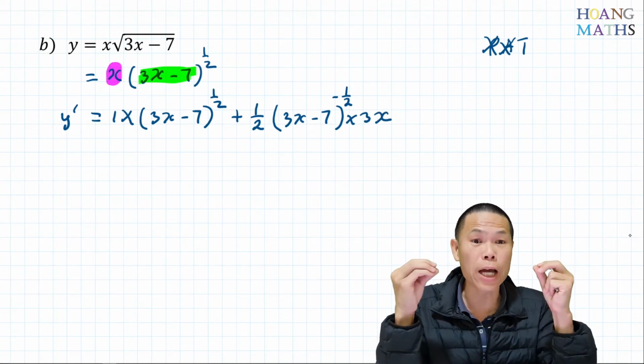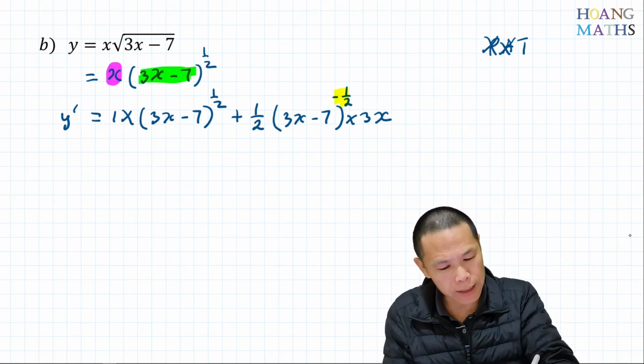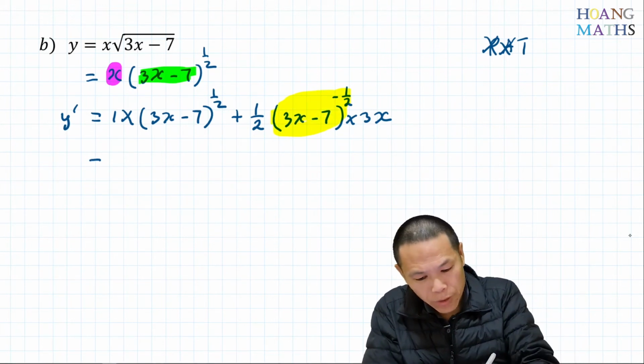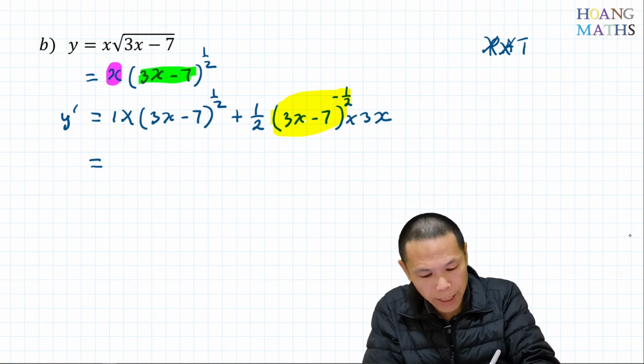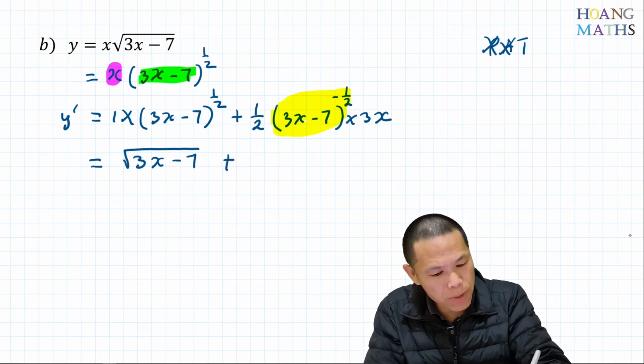So now I just tidy up. Noting that because this power here is negative, we need to bring it down to become positive, okay? Remember that. And this one, I just write in the same form, so 1 times that is exactly the same, like this. There you go. And we add this term here.